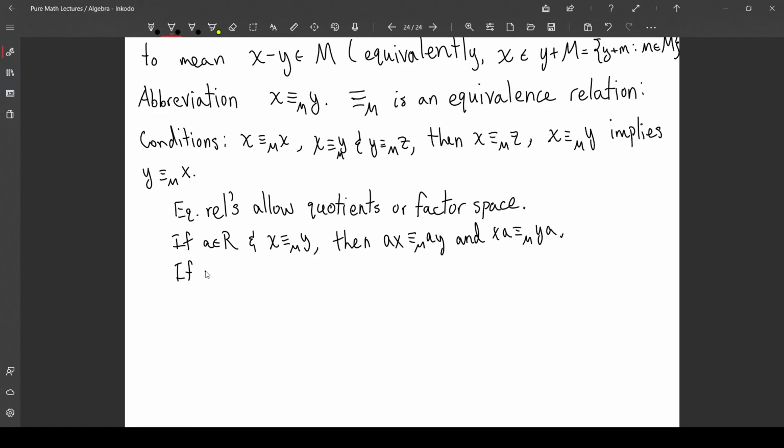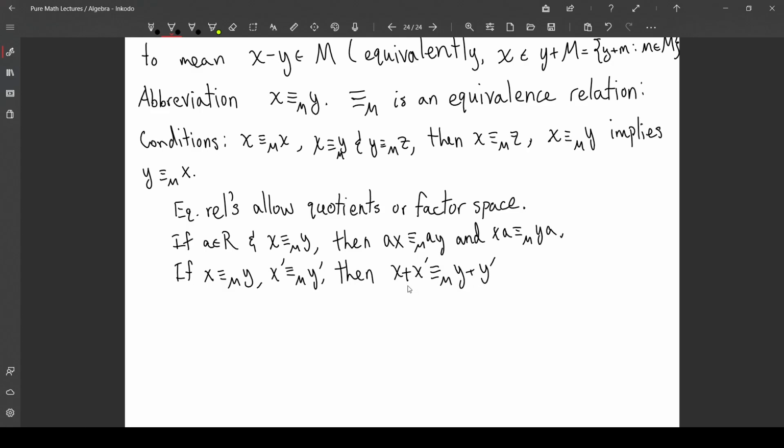Now if x is congruent to y, and x prime is congruent to y prime, then we have two things. One is that we can add congruences, so that x plus x prime is congruent to y plus y prime.